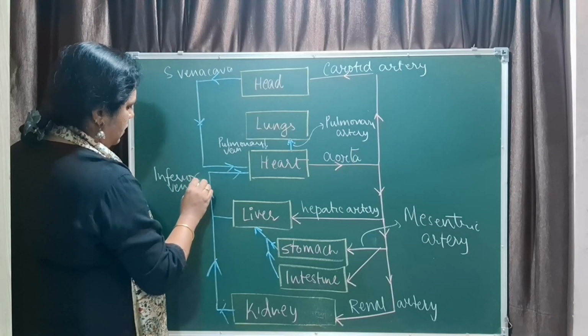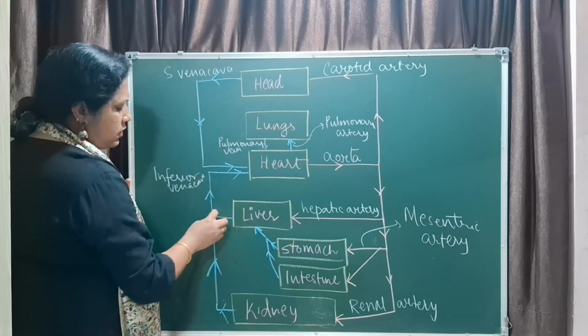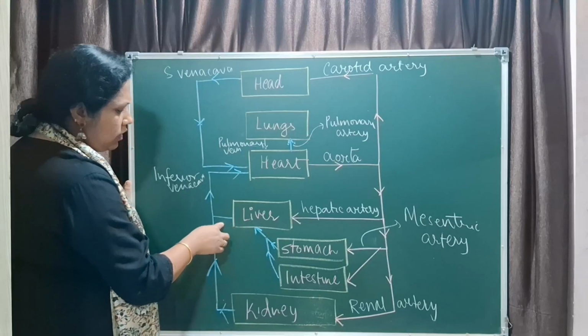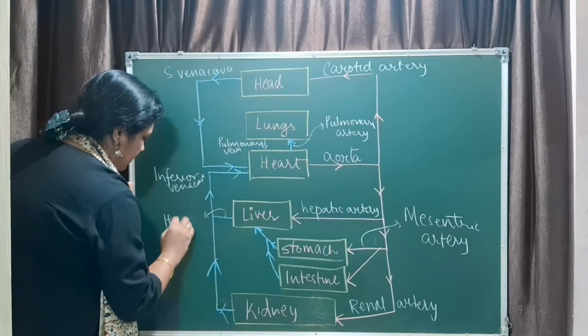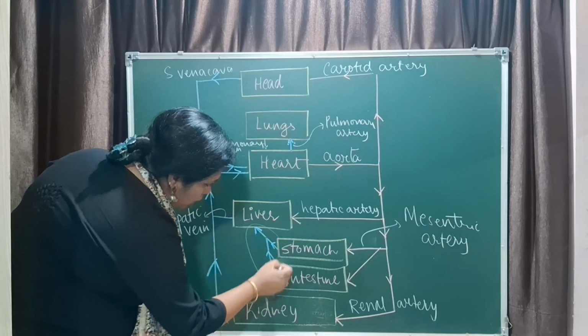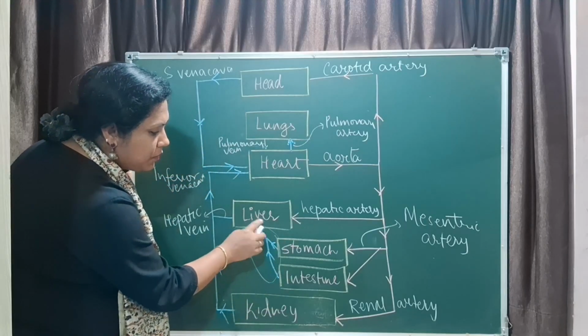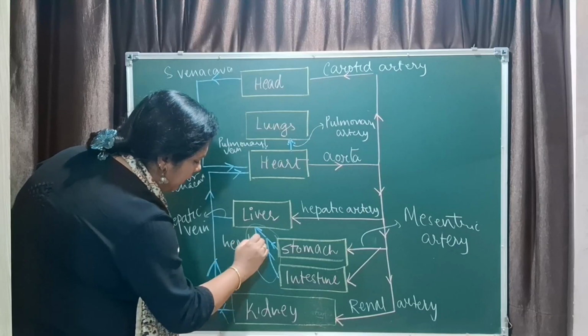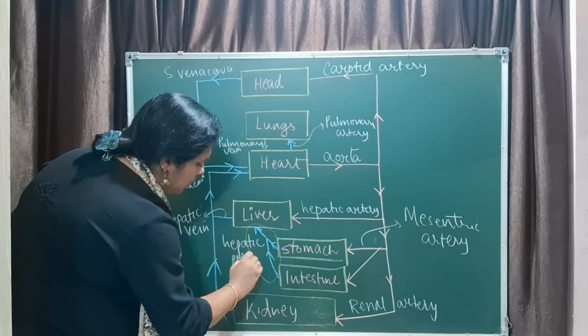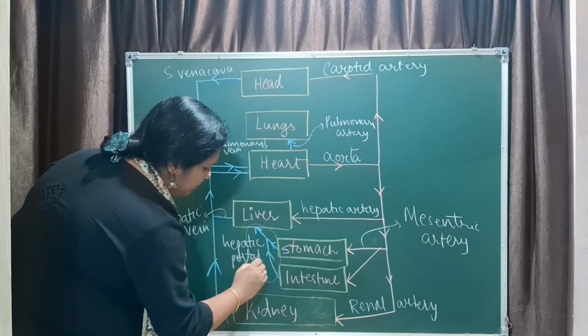The blood vessel which brings the deoxygenated blood from the liver is called the hepatic vein. The blood vessel which is an interconnection between two organ systems is called the hepatic portal vein.